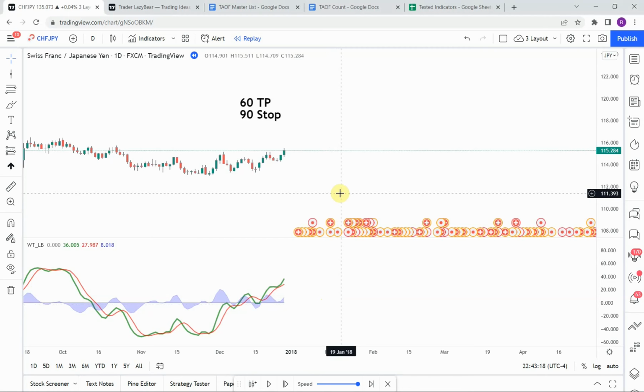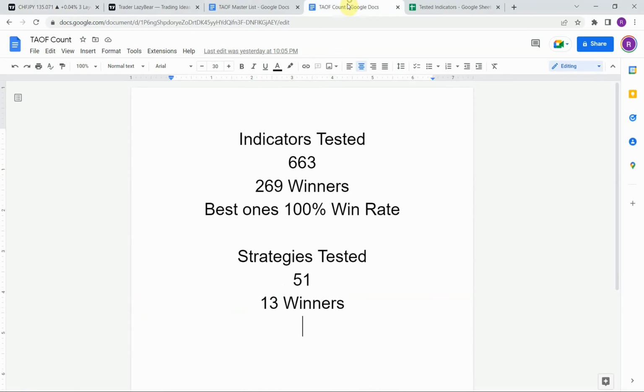Alright, as I said, today we will be testing the wave trend oscillator. Before we do though, I wanted to put the testing scoreboard up for everyone to see. So to date, we have tested a total of 51 different strategies, with 13 of them being profitable. We've also tested a total of 663 indicators, with 269 of them being winners.